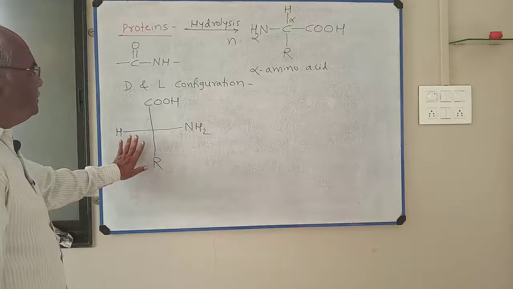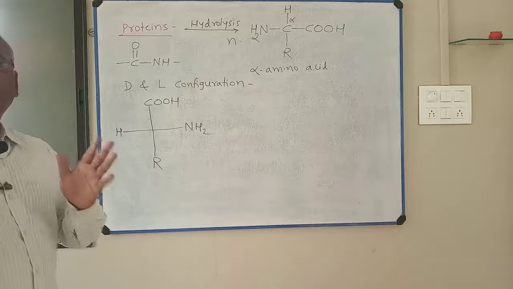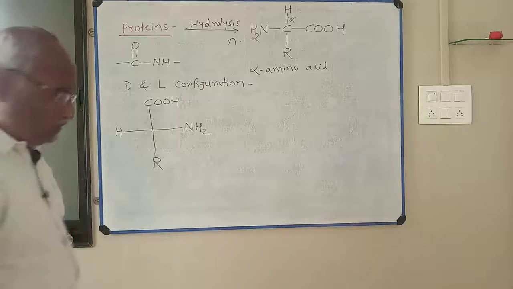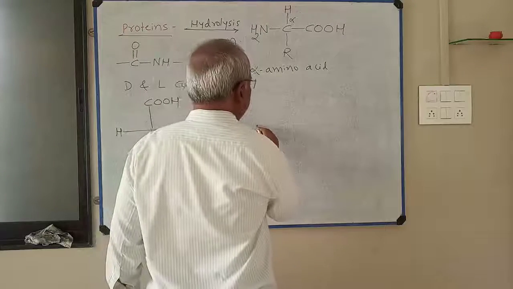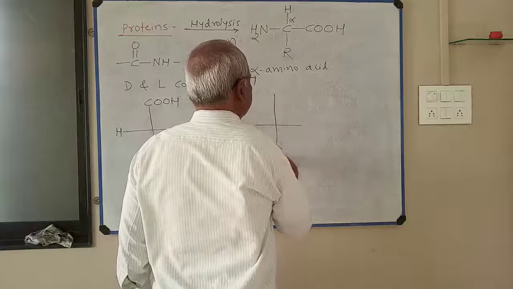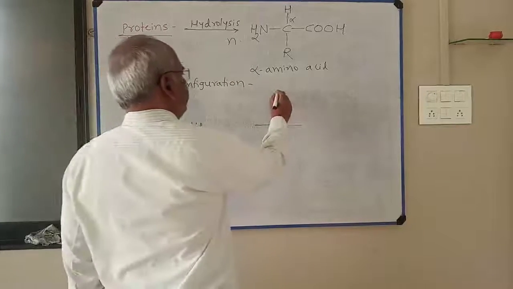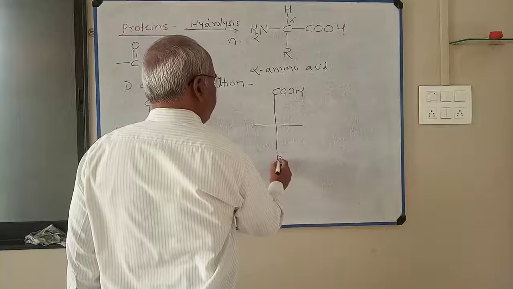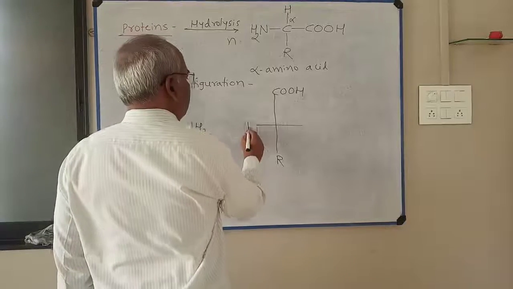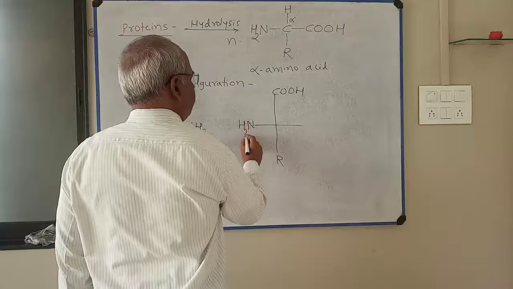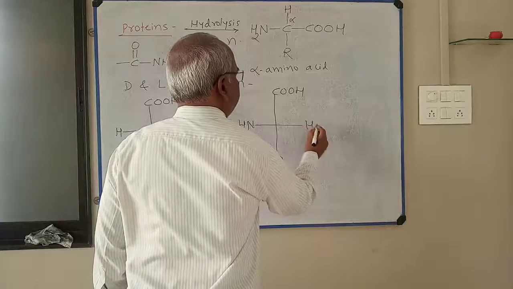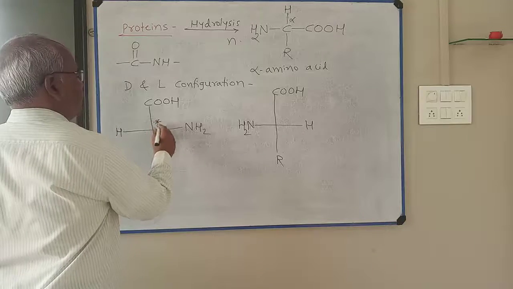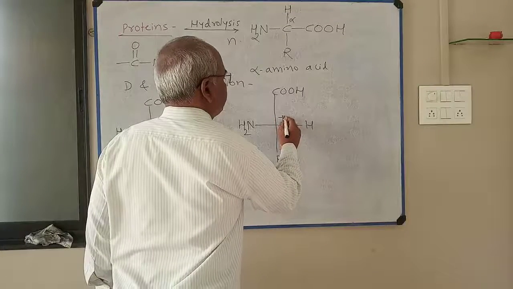So this is the representation of alpha amino acid by Fischer projection. I draw here its non-superimposable mirror image. Here is carboxyl group, here is alkyl group, on this side NH2 group, and here is hydrogen. This is chiral carbon atom, asymmetric carbon atom.